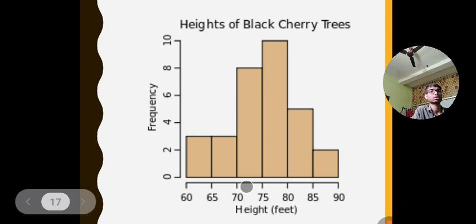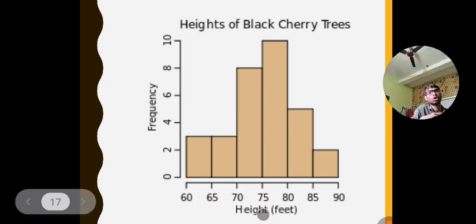The next is 60 to 65, and we can see two trees whose height comes between 60 and 65. There are two more trees whose height comes between 65 and 70.